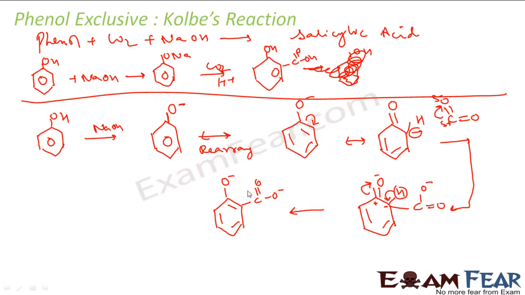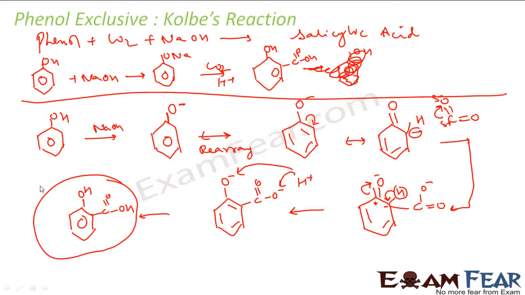Correct. This H which was gone will now get in touch with this minus. And one more H plus will hit this. There will be two H actually. With this, this becomes OH, this becomes COOH, and this is my salicylic acid.